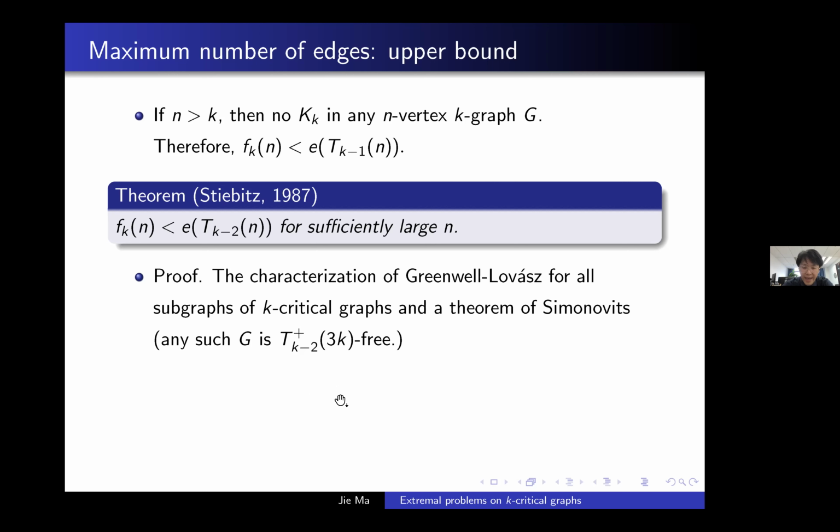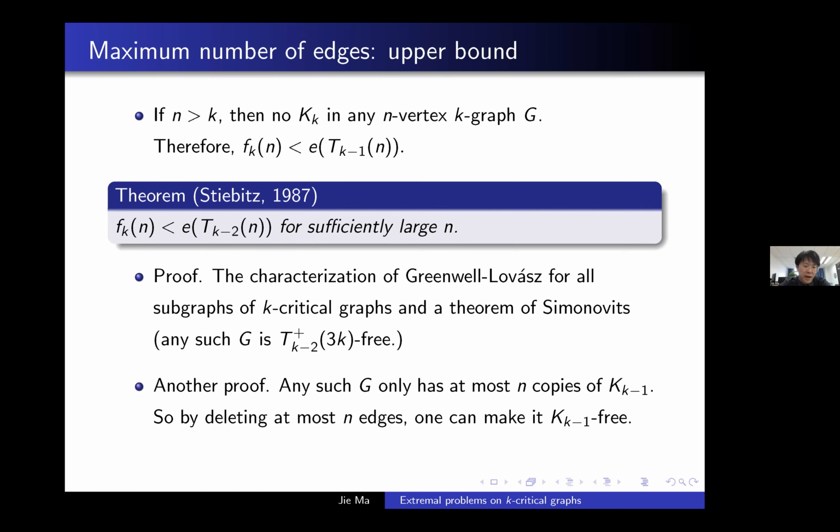The plus means I can add a single edge to the (k-1)-partite Turán graph. The reason is that, due to this characterization, there should be no such graph. But on the other hand, this graph is color critical, so its chromatic number is actually k. So if we forbid this, then we get this bound. Okay, that's the original proof.